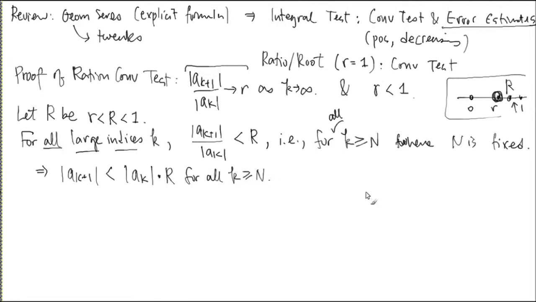Then from that on, I'm going to write down the meaning of this for k equals n plus 1, and so on. So this is true in general. This is like a recursive relation. If I use the first index for which this is true, then |a_{n+1}| is less than |a_n| times capital R. Is that right? Good. Then I'm going to multiply by R on both sides.